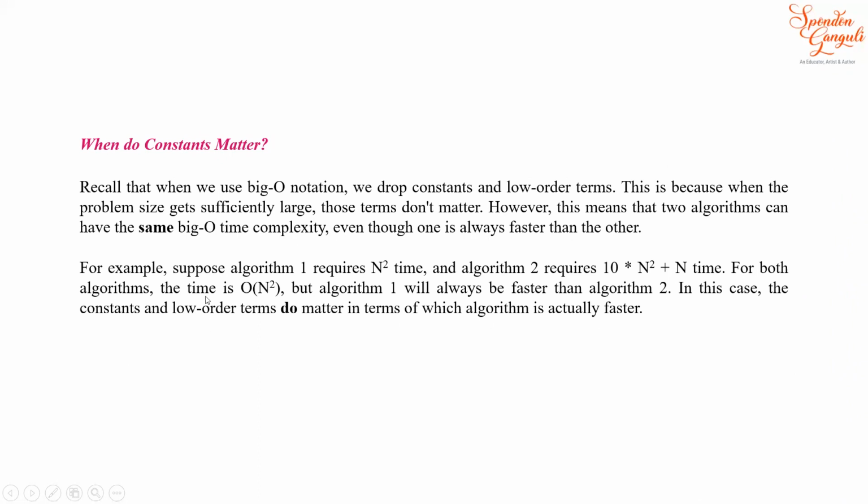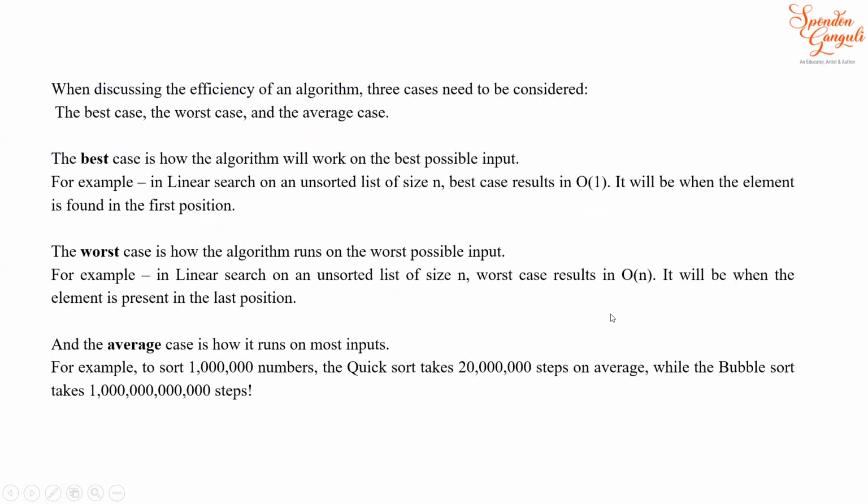For example, suppose algorithm 1 requires n square time, and algorithm 2 requires 10 into n square plus n time. Now both algorithms have the time complexity big O n square, but algorithm 1 will be faster than algorithm 2. So in that case, we can say the constant and the lower order term do matter in deciding which algorithm is actually faster. Let's see some more things.